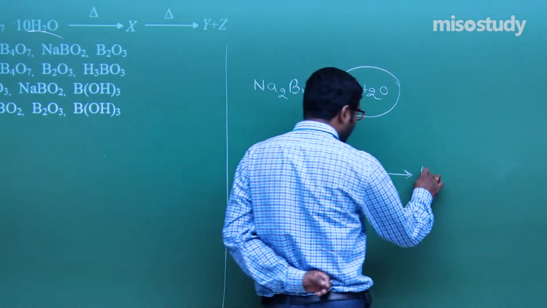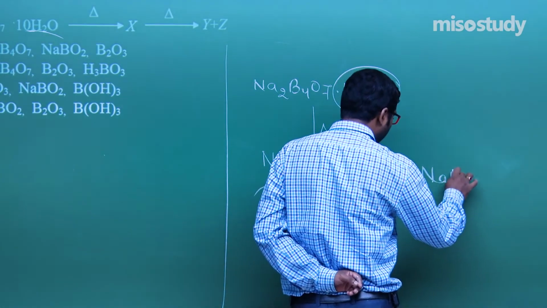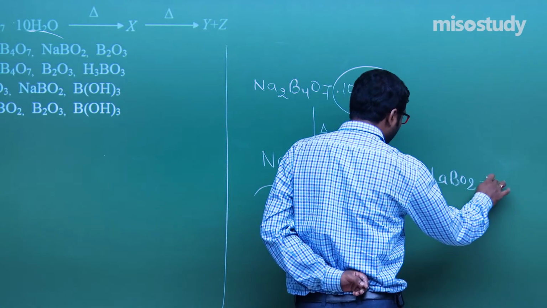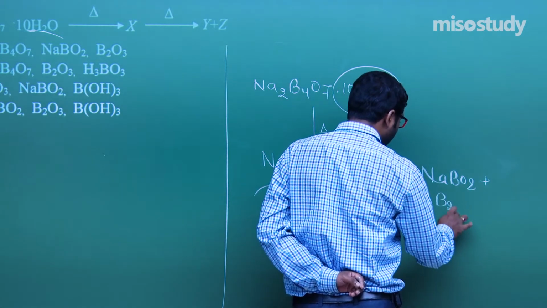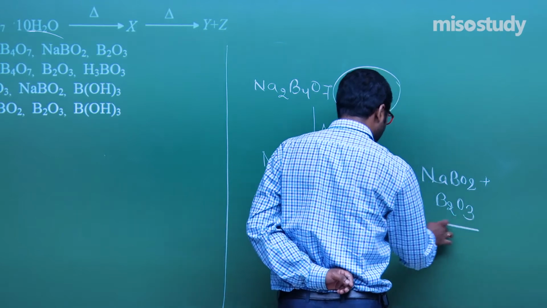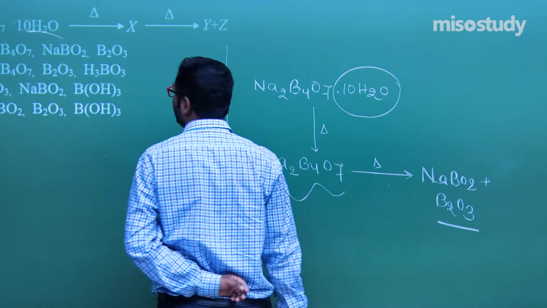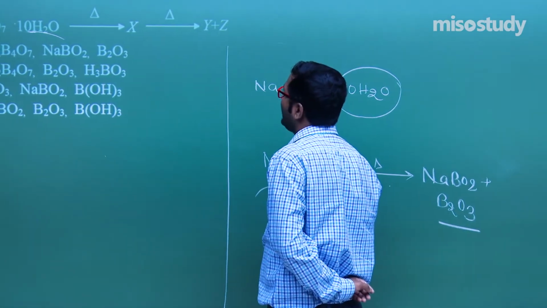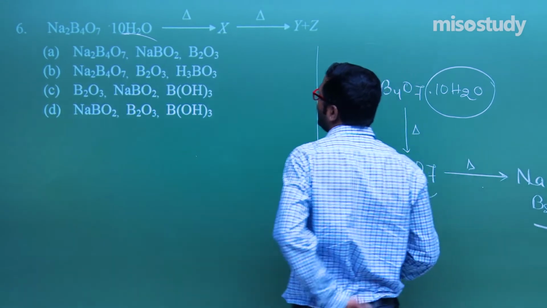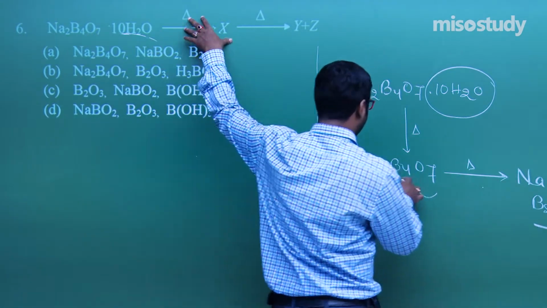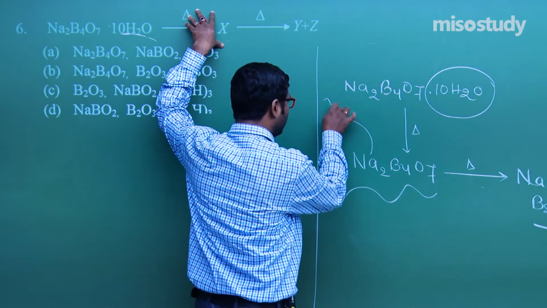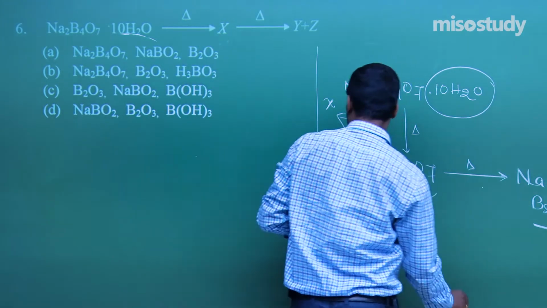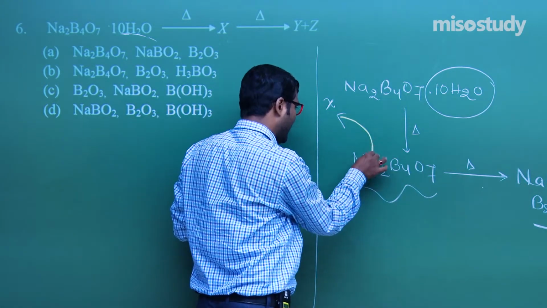Sir, it gives you NaBO2 plus B2O3. And now tell me, according to the question given here, X, Y and Z: when heat is given it forms Na2B4O7. This one is X.